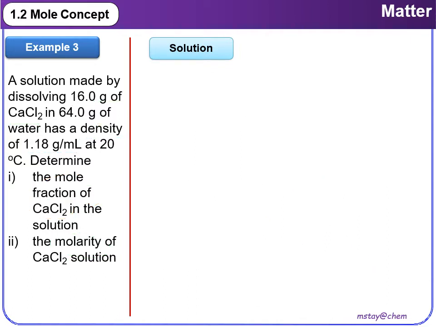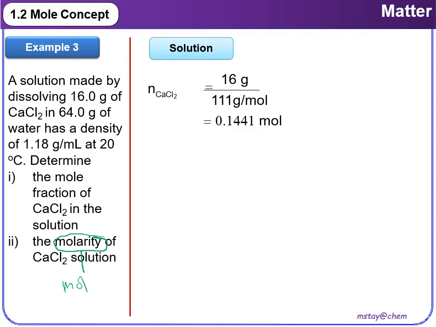Okay, now we look at the second part of the question. The question is asking us to look for the molarity. The formula for the molarity is the mole of solute, in this case calcium chloride, over the volume of solution in liter.